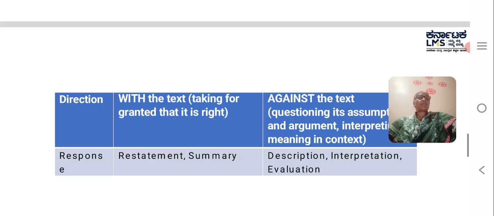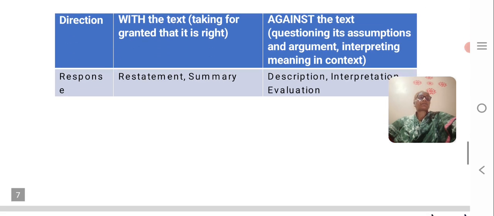The response for reading is just summary or restatement, whereas in critical reading, the final response can be description, interpretation, evaluation, and coming to an idea which is not in the text, which may be out of the text, extending to further contexts and situations.